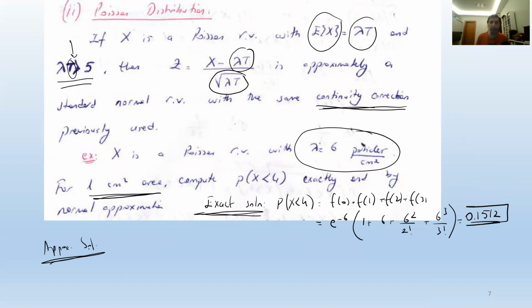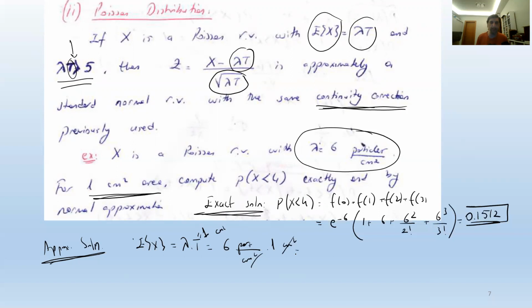First of all, we should check whether the approximate solution may be applied. So the expected value of x here is equal to 6, because we are talking about 1. All right, let's do it formally. Expected value is lambda times t, and t is equal to 1 centimeter square. So it's going to be 6 particles per centimeter square times 1 centimeter square.